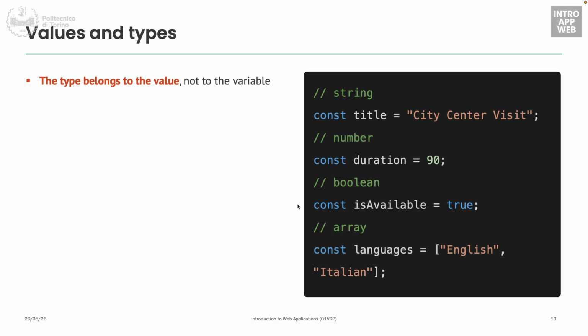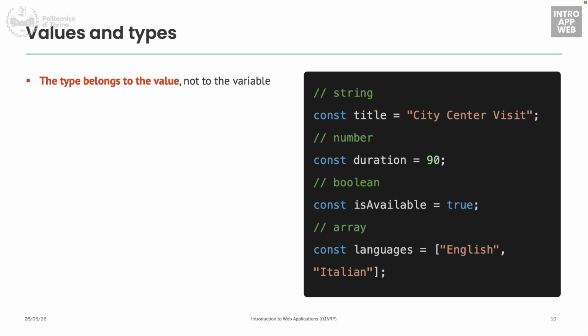Then here there is something maybe different from the languages we have seen before: the type belongs to the value, not to the variable. What does it mean? When we declare a variable, we don't have to set a type for it, but we discover the type depending on the value.